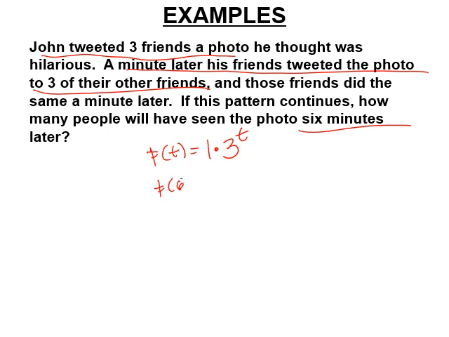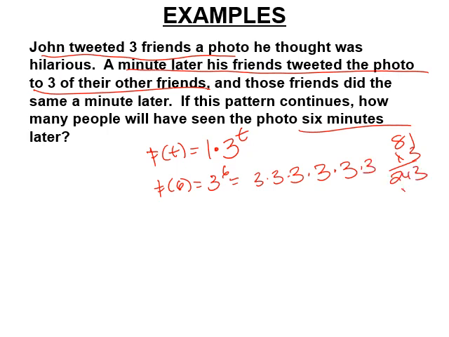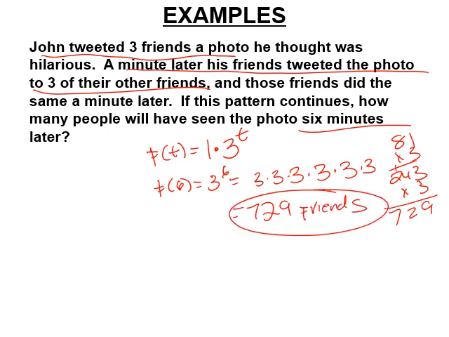So f of 6 equals 3 to the 6th, or 3 times 3 is 9, times 3 is 27, times 3 is 81, times 3 is 243, times 3 is 729 people, I guess it would be students, oh, friends, okay. 729 friends would see this photo within 6 minutes if everyone's tweeting 3 new people. That is a big assumption there, right? Because in the real world, some people tweet it back to someone who's already seen it.